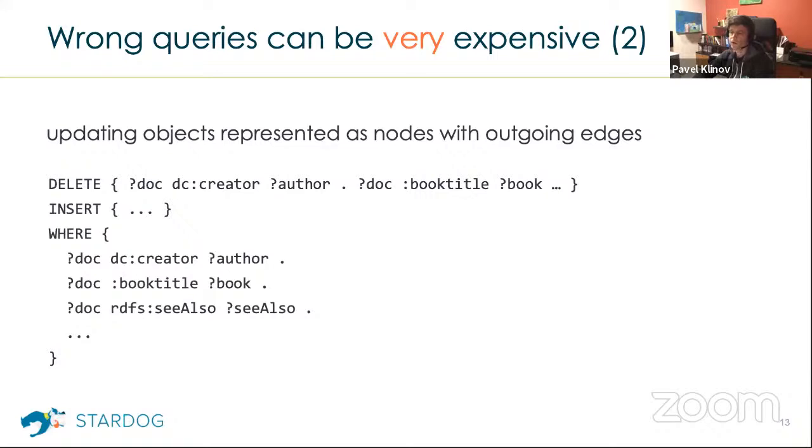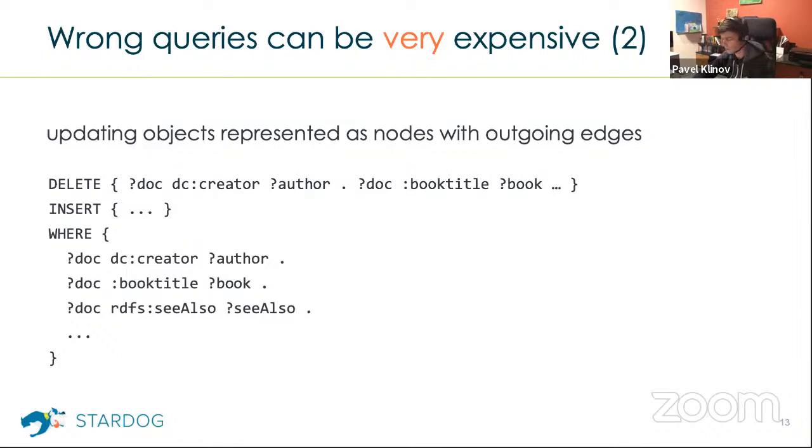Another example when something like this happens is when people update objects in their database. When people use RDF to store objects with properties, which is extremely common, properties of objects will be stored as essentially outgoing edges in the graph. And this is, by the way, the only SPARQL update query which I'm going to show in the whole talk.